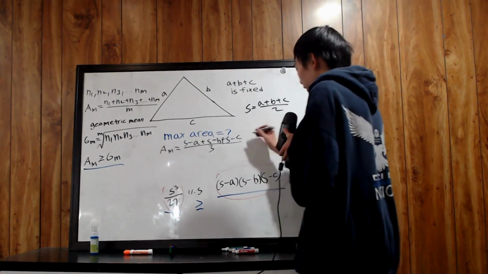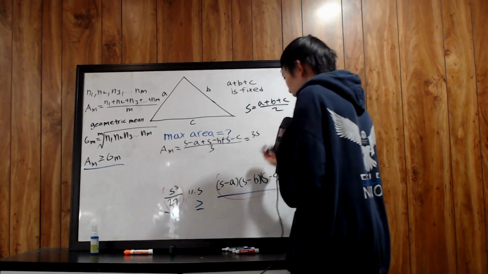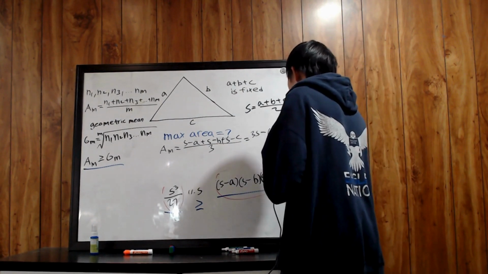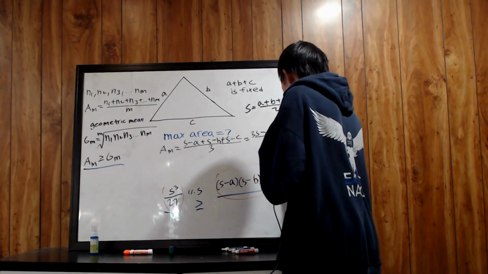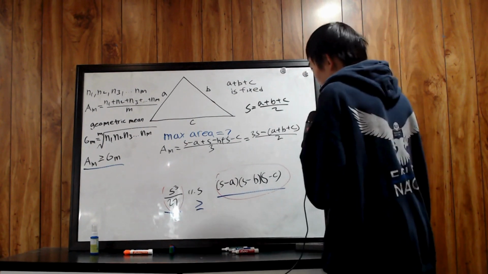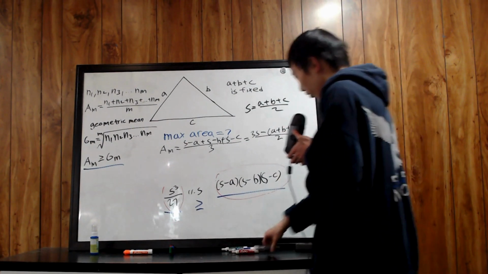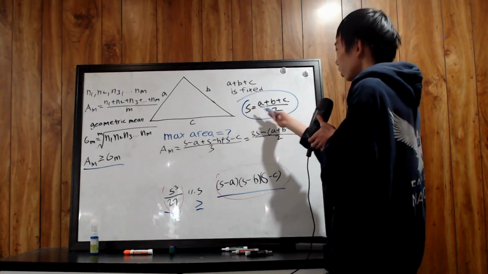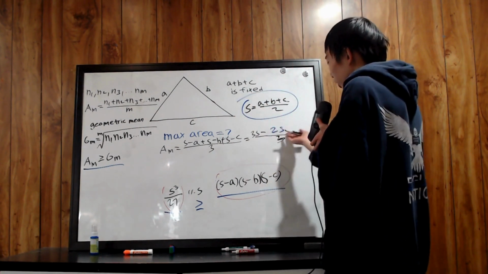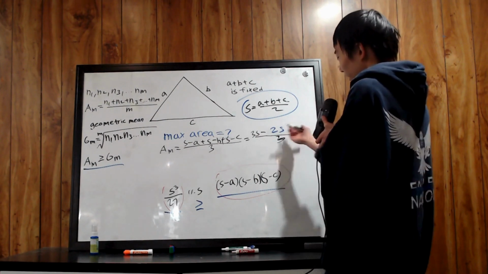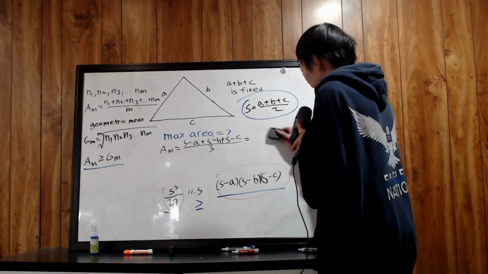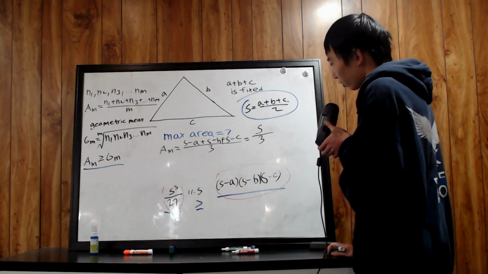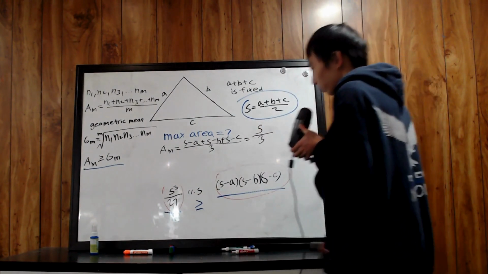If you simplify this, you get 3s, and then minus a minus b minus c, which is minus a plus b plus c, over 3. But wait a minute, what is a plus b plus c? Notice this: a plus b plus c is just equal to 2s, right? We have 3s minus 2s over 3, and now the numerator is s, so we get s over 3.